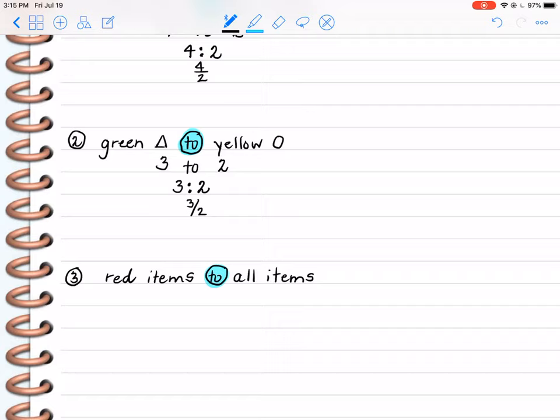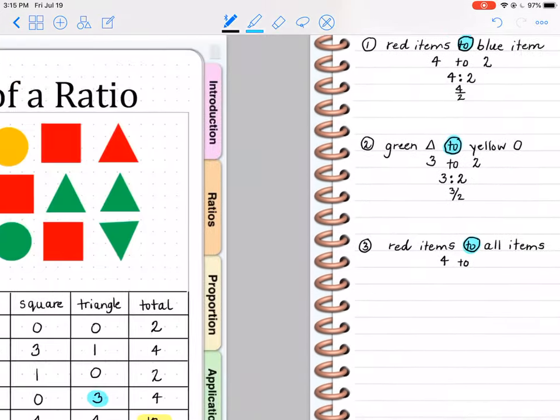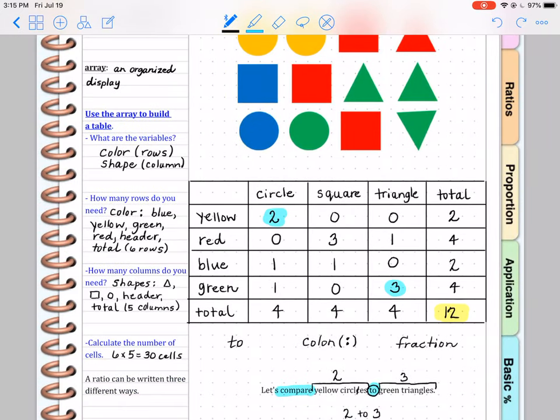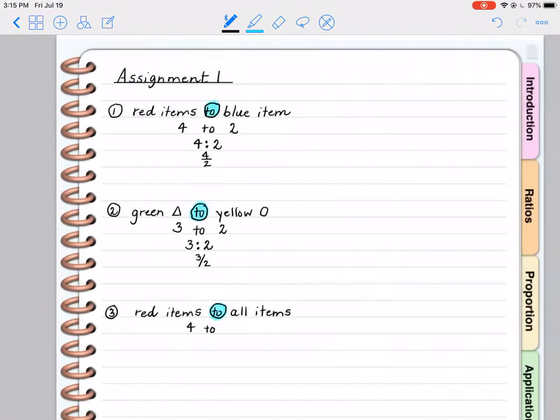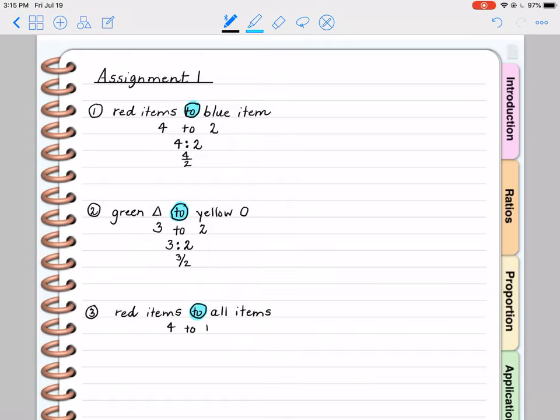Doesn't matter. We'll talk about it. There are 4 red items, and you remember I told you that that grand total would be so important right there, the 12. That's all items. So 4 to 12, 4 to 12. Sorry, I got out of order, but it doesn't matter.